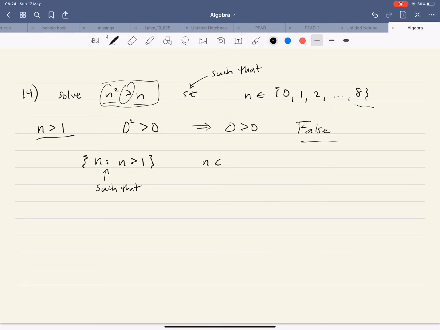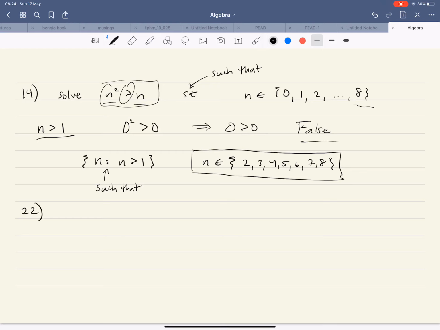So instead, I'm going to say my solution set is n is an element of 2, 3, 4, 5, 6, 7, 8. That's my real answer, which I'm going to box to indicate that that's the answer that I have. Let's do another example.